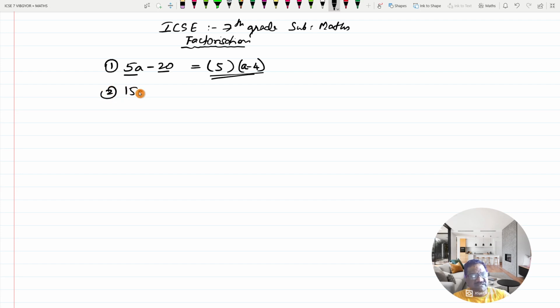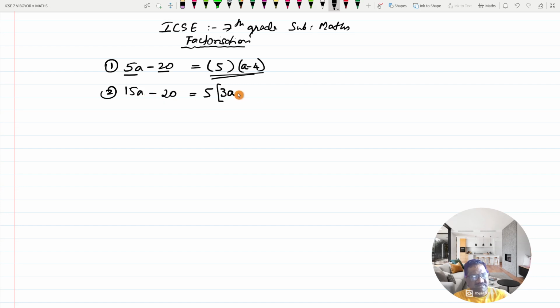Okay. Now, second question. Suppose it is 15a minus 20, right? Now between 15 and 20, what is the common factor, and that too the highest? Again, it will be 5. Okay, 5 is the common factor, right? So 5 I'll remove out and I'll put a bracket, and from this 15a, 5 is gone out. Now I'll be left with 3 because 5 into 3 is 15, and a as well. So it will be 3a.